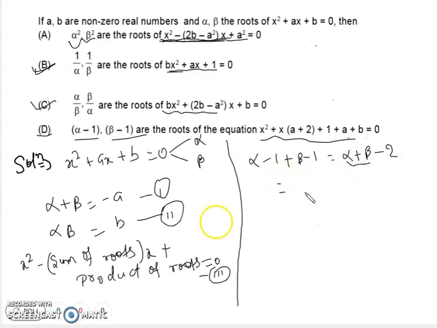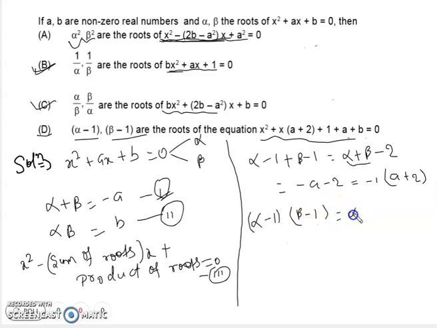Alpha plus beta is equal to minus a from equation first, so we get minus a minus 2, and after taking minus 1 common, it becomes a plus 2. Second, we have to find the product of the roots. The roots are alpha minus 1 and beta minus 1, so we multiply.